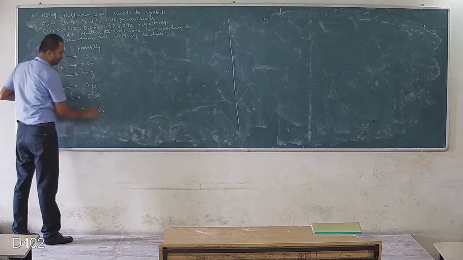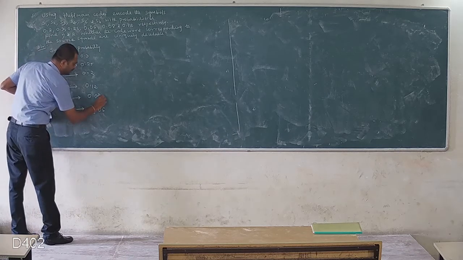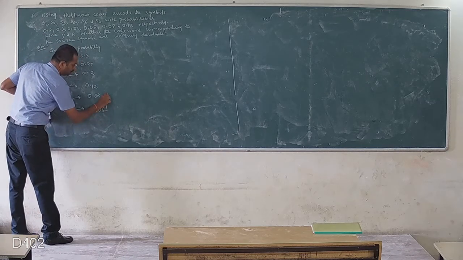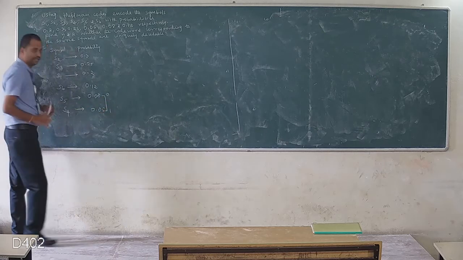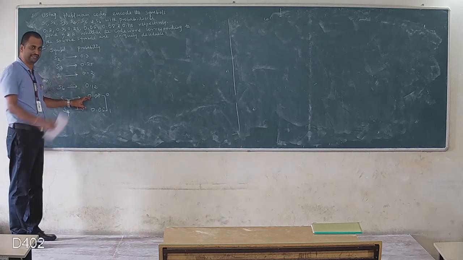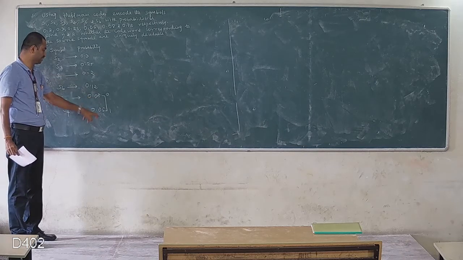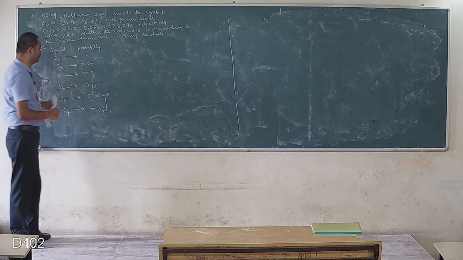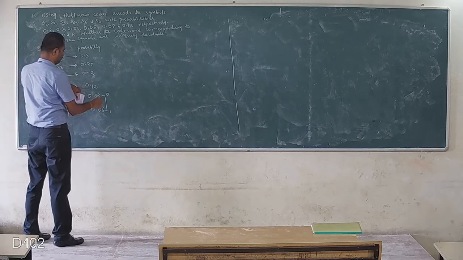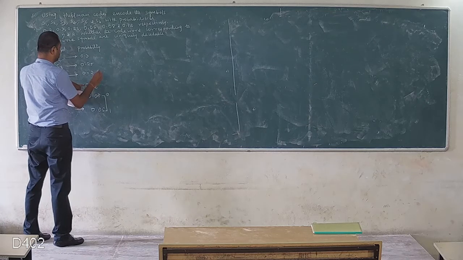Now for the lowest two probable symbols, you have to assign a 0 and 1. Now you have to add these two, you will get a new symbol that you have to place in the list in descending order. If you add these two, you will get 0.13. So I have to keep it above this 0.12.